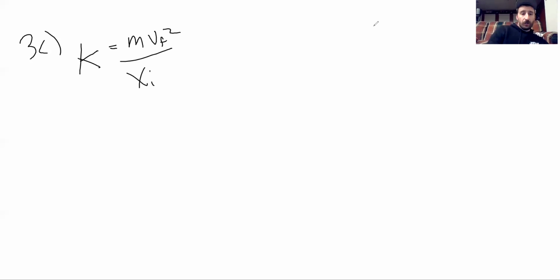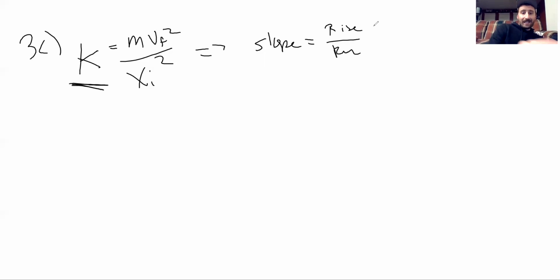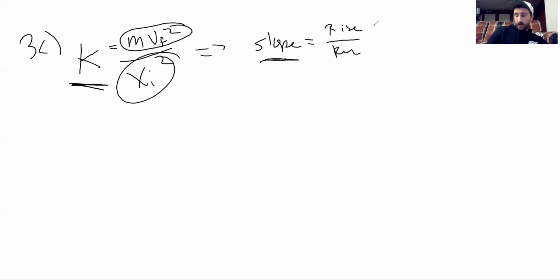Easiest way to confirm is using graphical data and the slope. So if I look at this, remember that slope equals rise over run. So if we want K to be the slope, all right, this is going to be our rise and this is going to be our run, right?